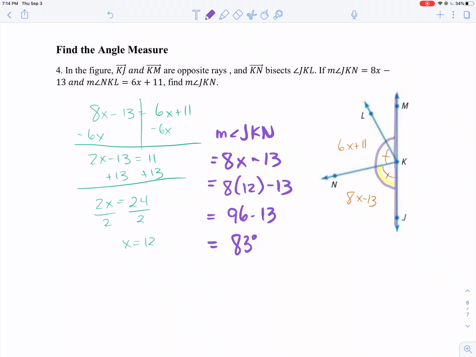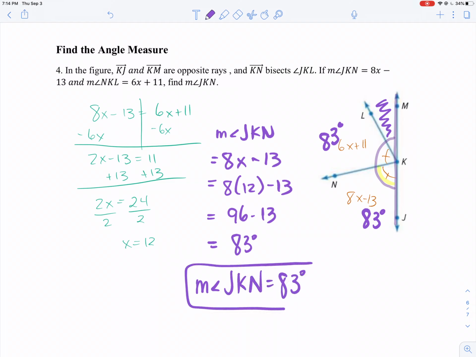So because we know that this one is 83 degrees, we also know that this one is 83 degrees. If we wanted to, we could technically find this angle as well because they all add up to 180. But in this case, I just wanted the measure of JKN is equal to 83 degrees.